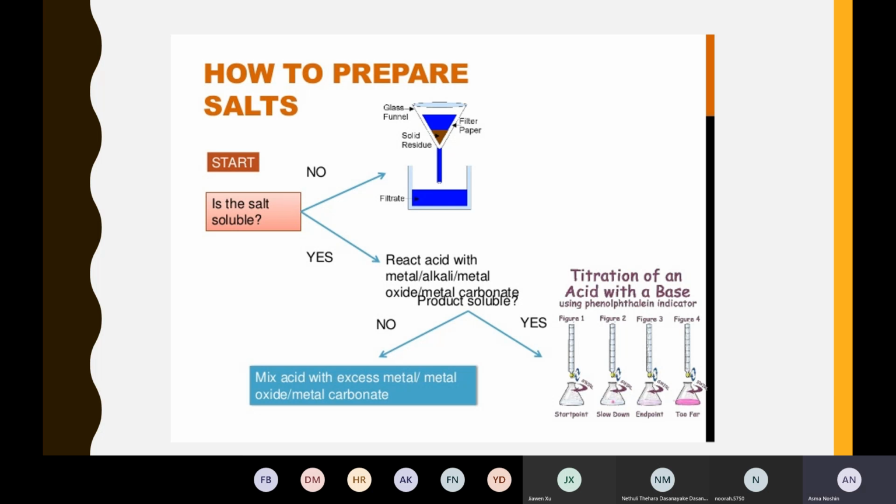Okay, now another case: if the salt is soluble in water, then what do we have? We have to react an acid with a metal, with an alkali, or with a metal hydroxide, or with metal carbonates.